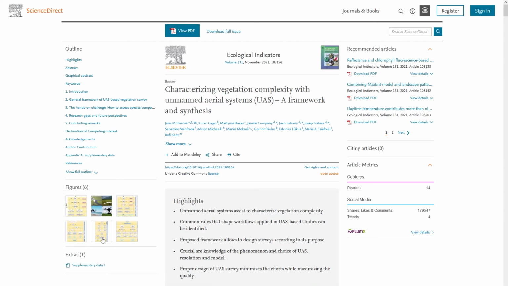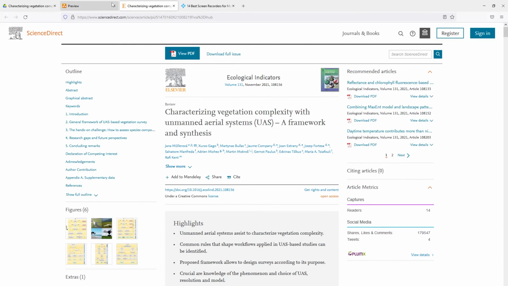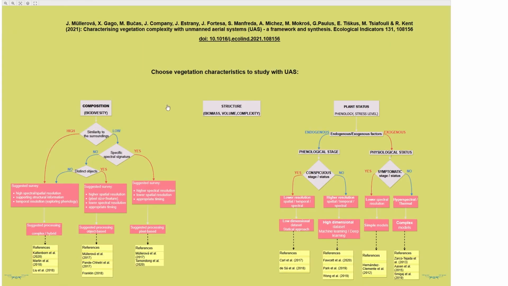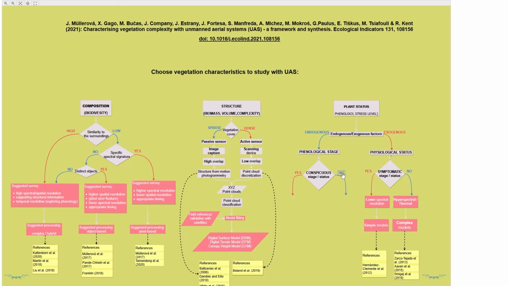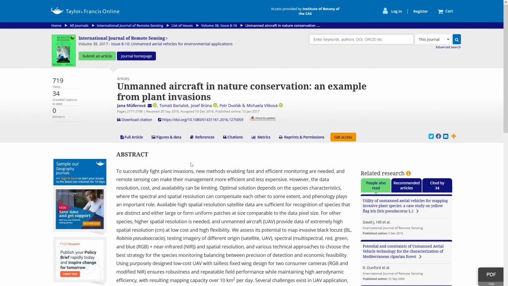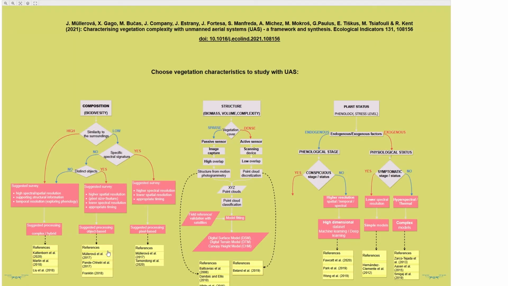To illustrate our workflow and to make it useful and easy to reach for others, we generated this kind of interactive workflow where you can look at different parts, and by clicking on the arrows you can open the different branches of the decision tree, and also some references and benchmarking studies that illustrate the process of each of the workflows.